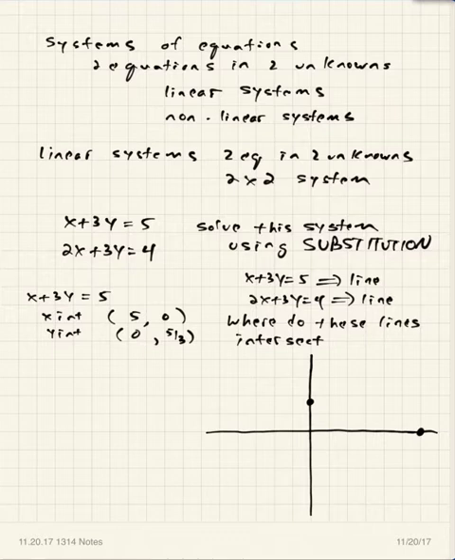All right, so when we graph it, I'm going to try to be careful to draw at least a moderately good straight line here. Like there, okay? All right, and then the other line, you have 2x plus 3y equals 4. The x-intercept on that graph, when y is 0, you get x to be 2.